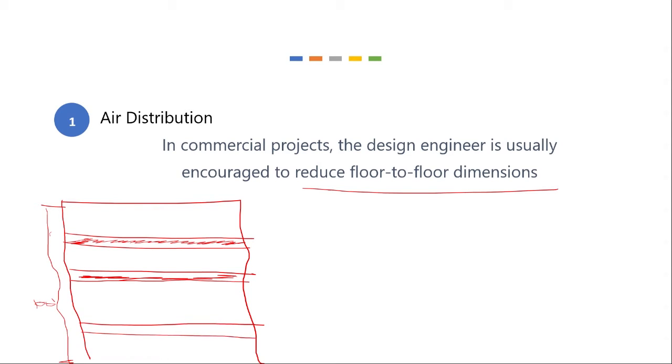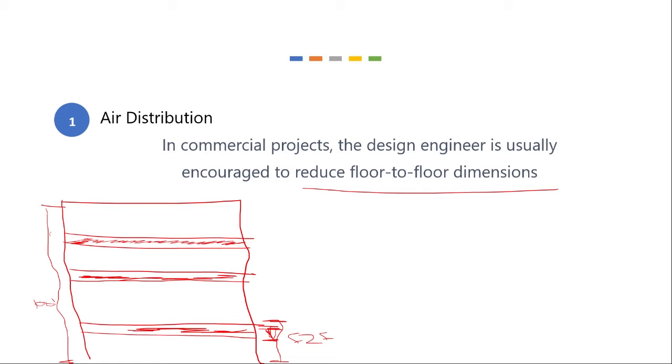If we were to measure from the bottom of one floor to the bottom of the next floor, this is our floor to floor dimension. We want to make this as small as possible, and we do that by making this portion here as small as possible. This portion is the HVAC portion.